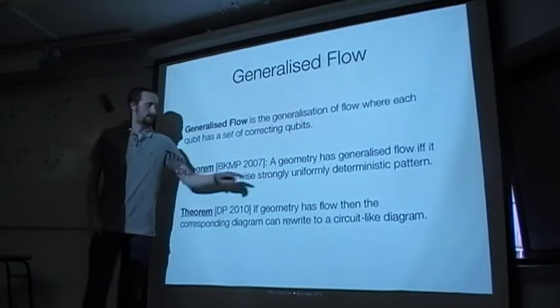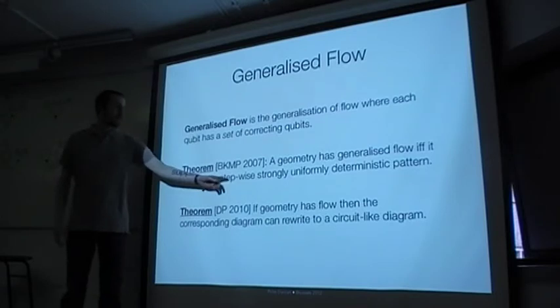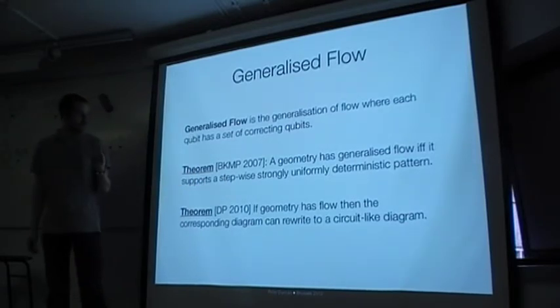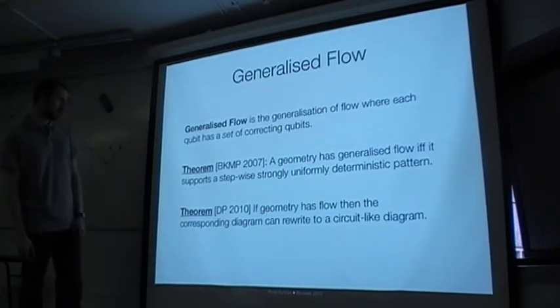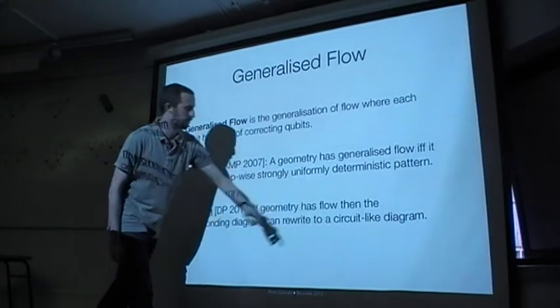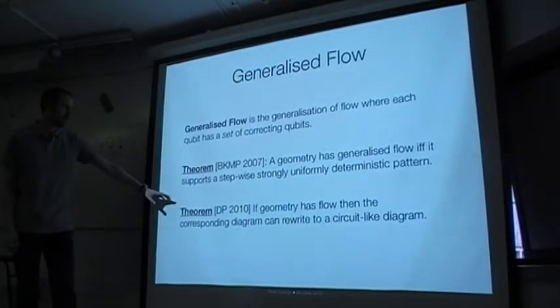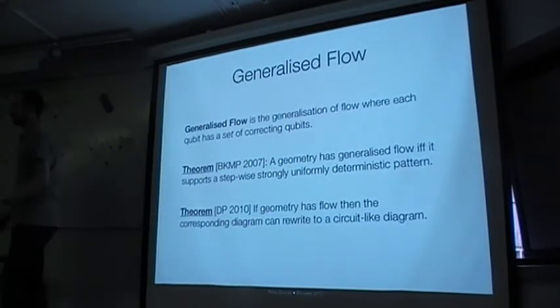So strongly means all the branches are equal, stepwise means you can correct it one step at a time. Okay, and then Simon and I proved in 2010 that if a geometry has G-flow, then you can rewrite the corresponding diagram to a circuit-like diagram.